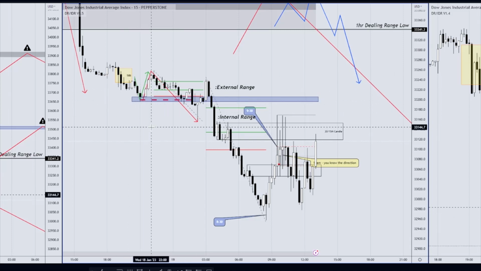So one of the big things in ICT's Michael's stuff, he talks about the Asian range and grading the play for the next day.